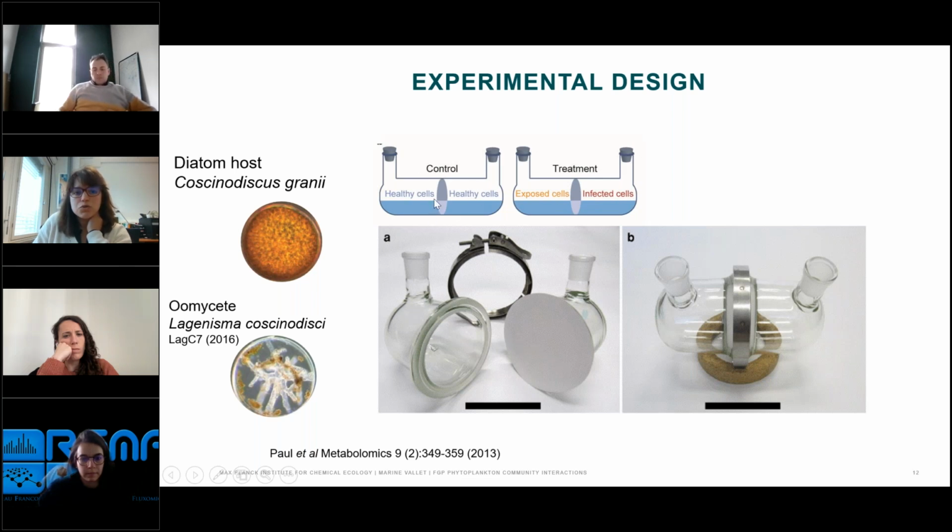For instance, in my control culture, a healthy population, and in my treatment, I will put an infected population versus exposed cells. Exposed because they are healthy, but they are exposed to the exudate released by the infected population. Because this co-culture chamber, as most of you might know, is separated by a membrane where exudate can pass through.